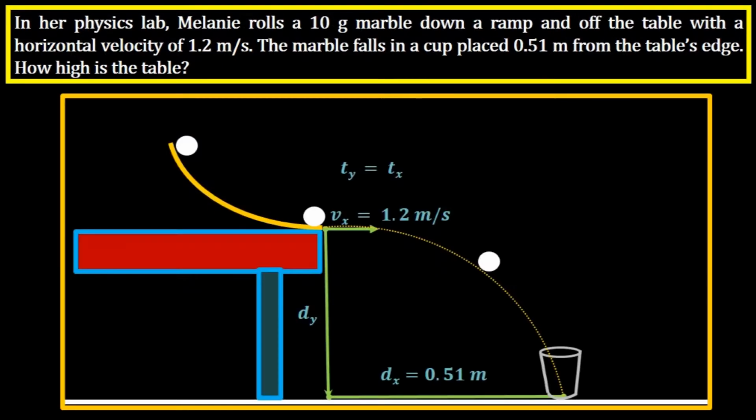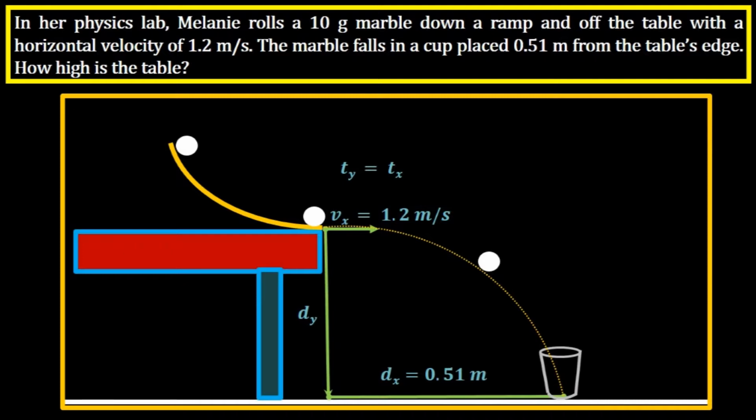Now, setting up the problem, we know that dx is going to be 0.51 meters, and vx is 1.2 meters per second. So I have vx and dx, and I can find tx. Tx equals ty automatically.